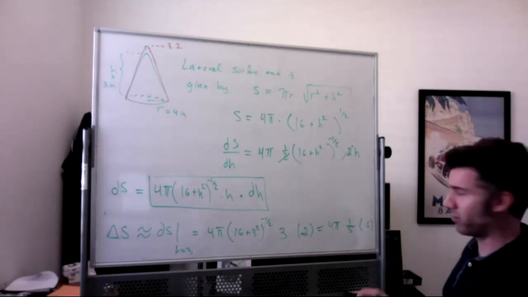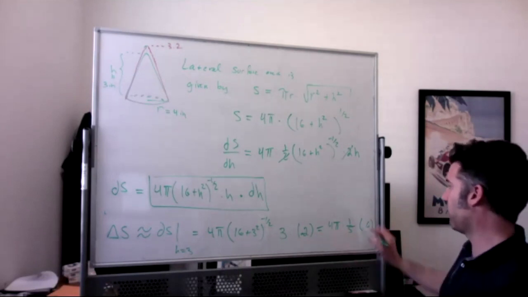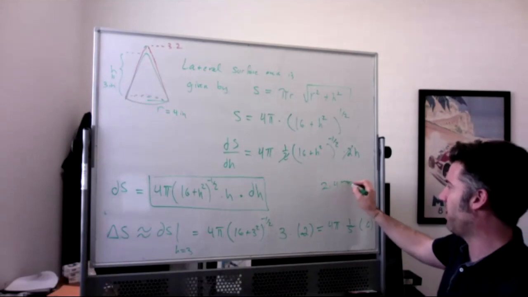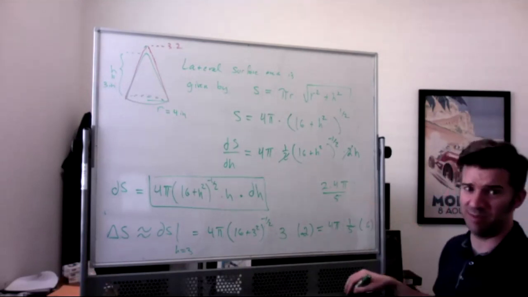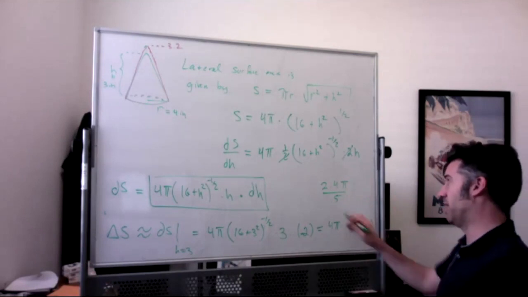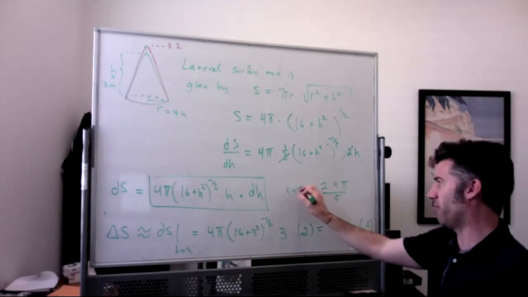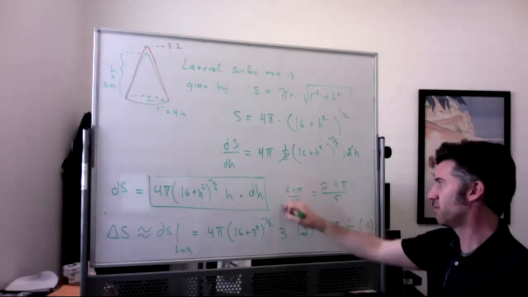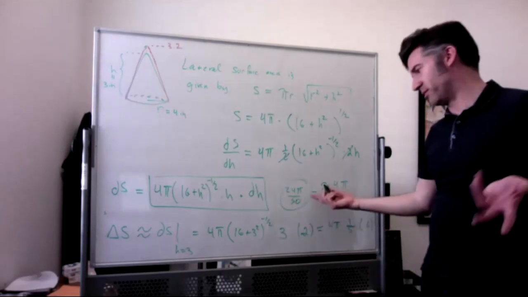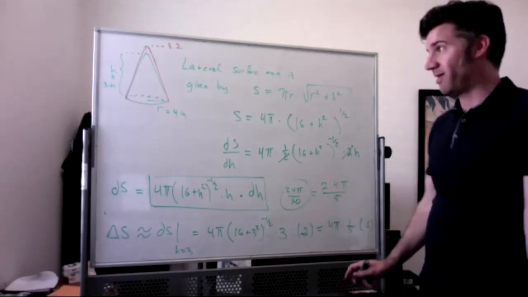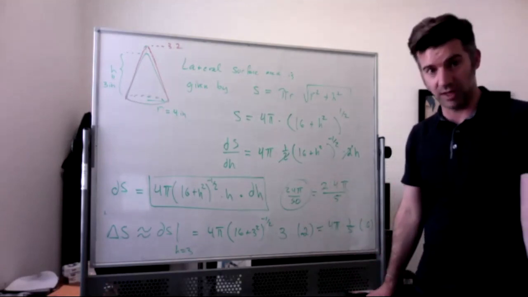So these numbers don't look great. 0.6 times 4 is 2.4. So I get 2.4π over 5. Or I'd probably multiply this by 10 and get 24π over 50. So that is the approximate, and you can probably reduce that to something else, whatever. That is the approximate change in surface area.